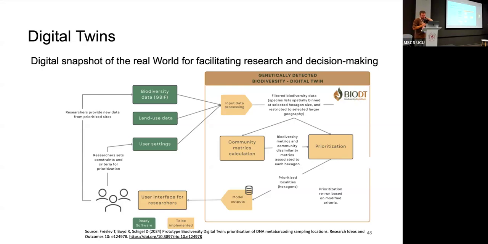On the other hand, I can obtain standardized data of genetic biodiversity from GBIF, for example, and calculate based on those data community metrics, which we are going to talk about tomorrow morning.